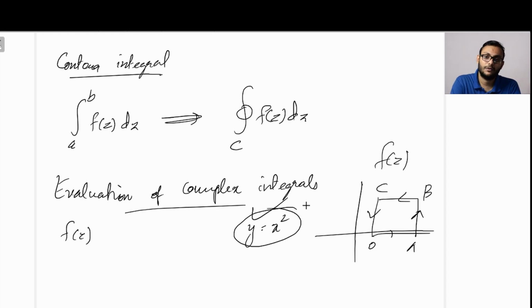In either way, we have to integrate our complex function over the contour. So, now moving on to the steps.